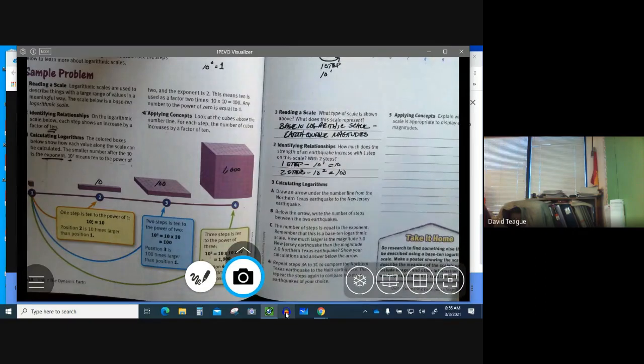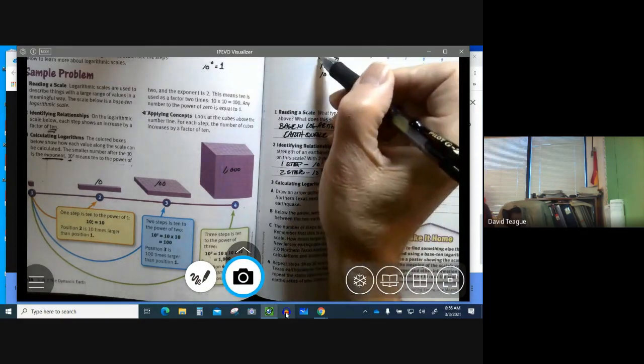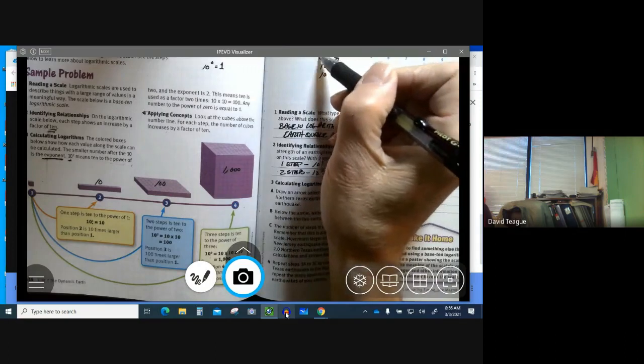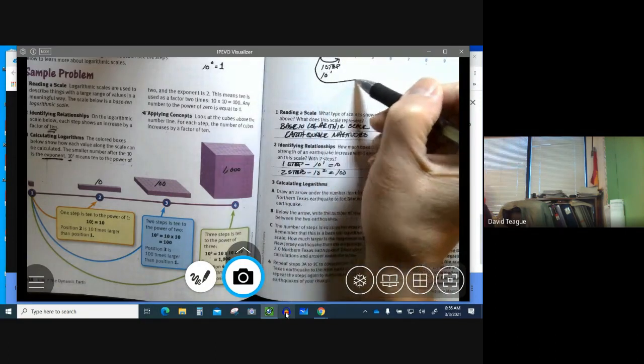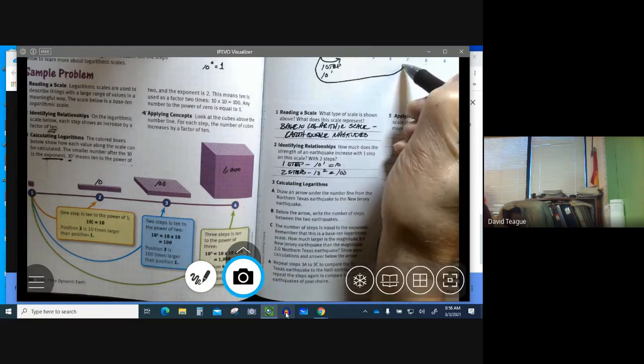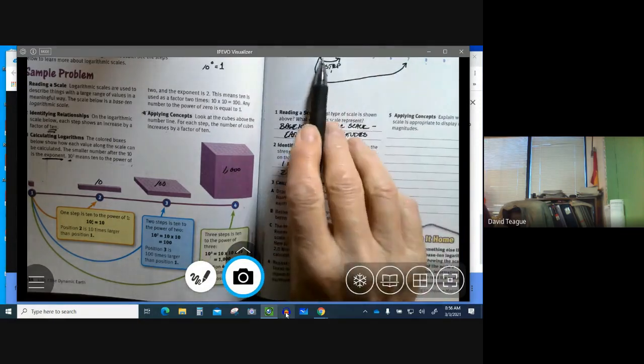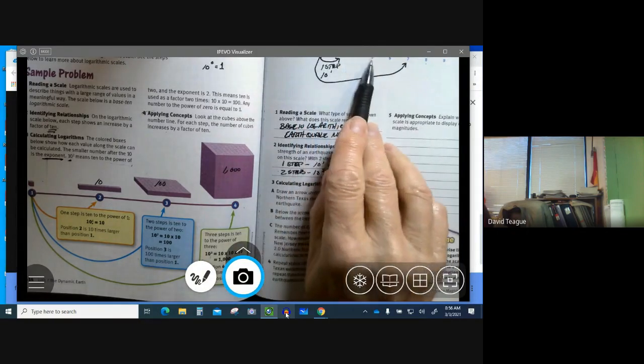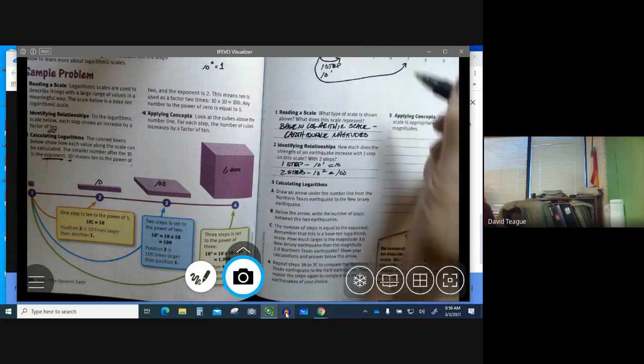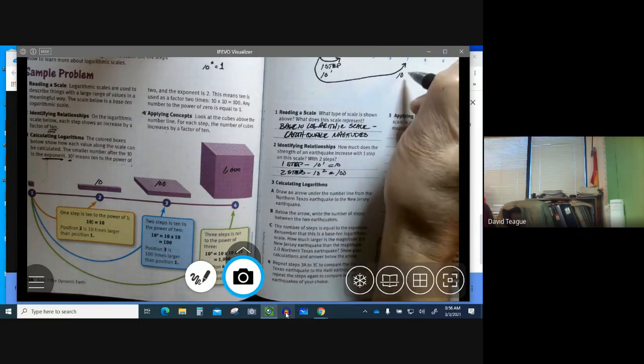Well, now they're saying, let's compare northern Texas to Haiti earthquake. Okay, so if we go from here to Haiti, right? How many steps did we take? We took 1, 2, 3, 4, 5. So this will be 10 to the 5th power.